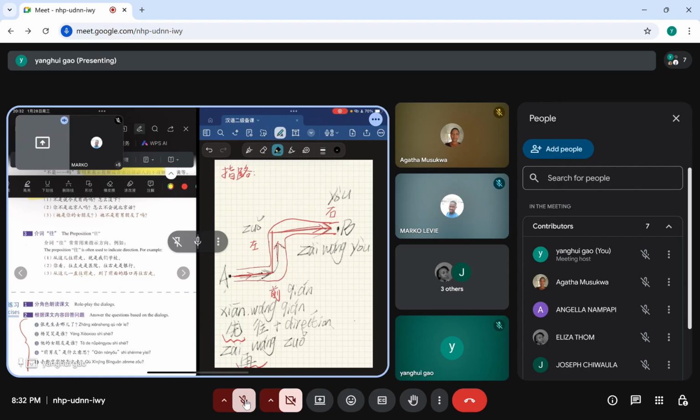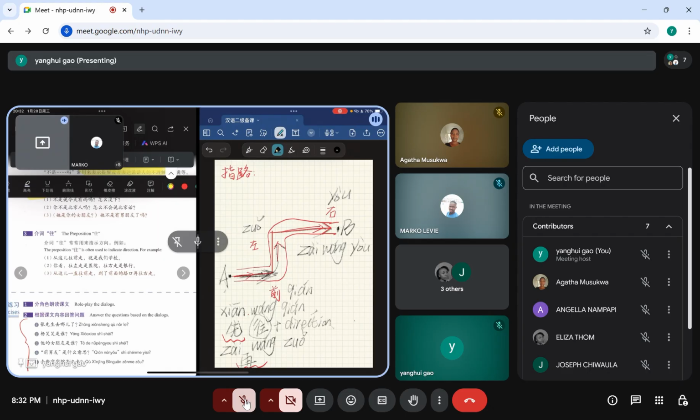You go this way, that's 往前, so the direction is 前. And then we add 往 to indicate the direction. To go straight first we use 先, so 先往前.